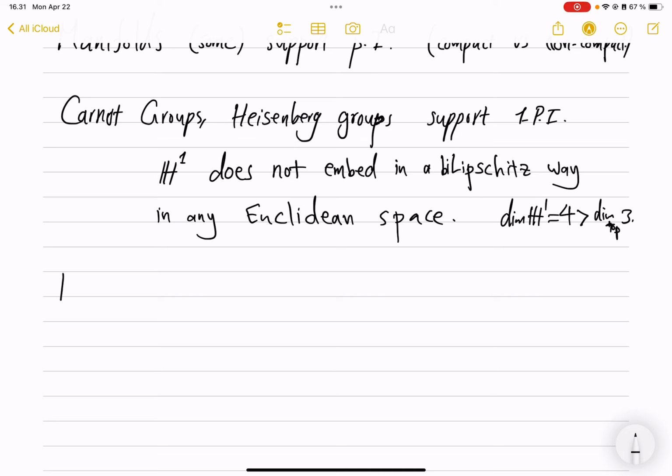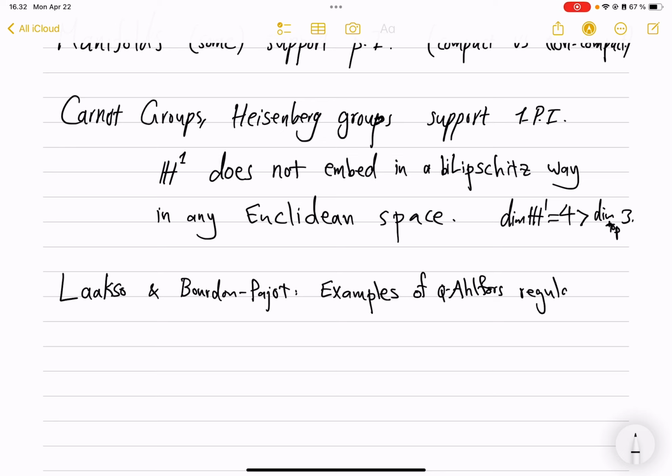Then Laakso gave examples, and then later Bourdon and Pajot gave examples of spaces, even Ahlfors regular spaces. So Q-Ahlfors regular.